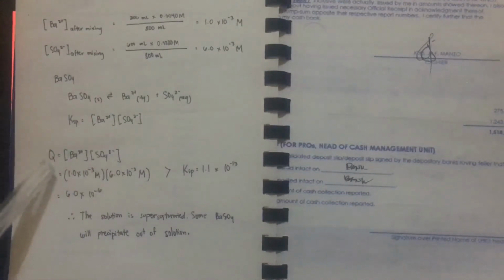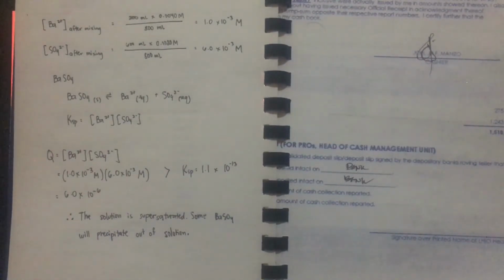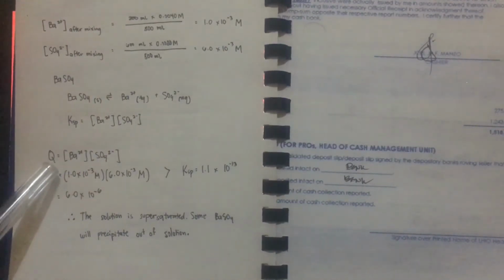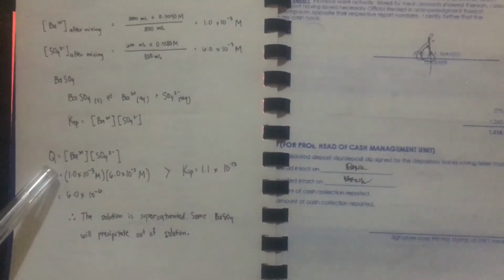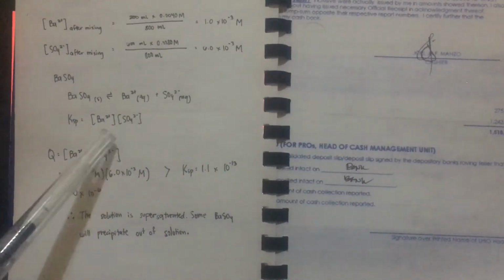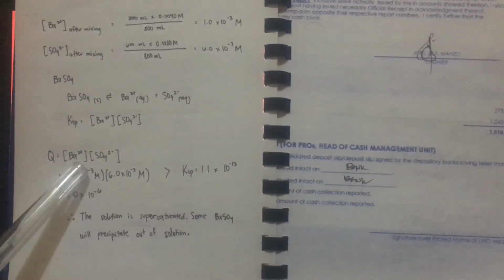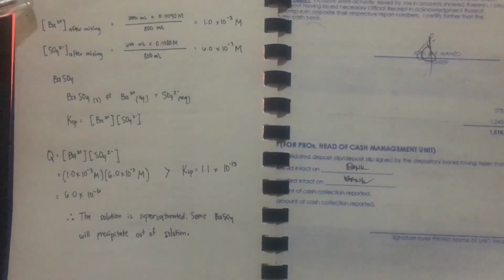Again, the ion product has the same formula as the KEQ, or here the KSP, but this time the concentrations are not the equilibrium concentrations but the initial concentrations. These initial concentrations are the barium and sulfate ion concentrations immediately after mixing.